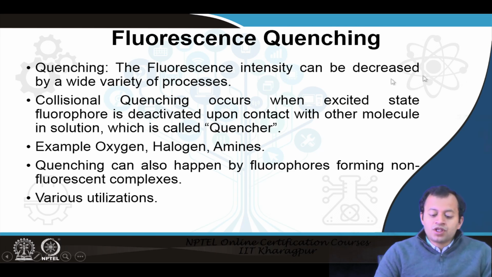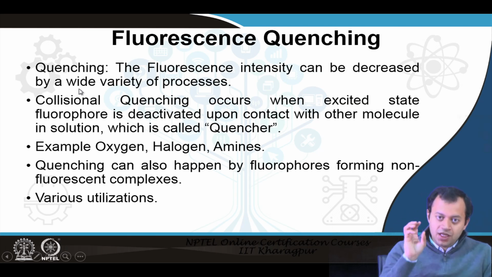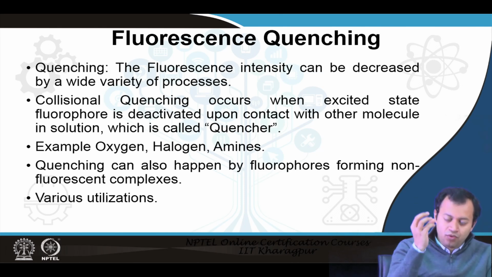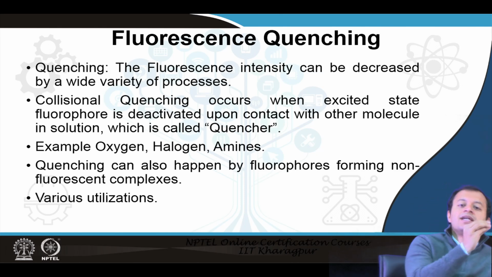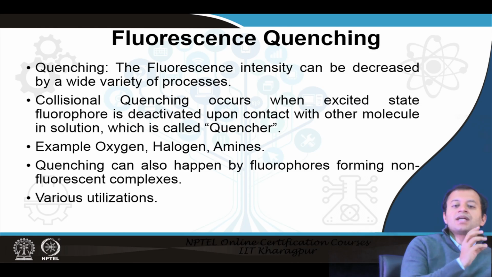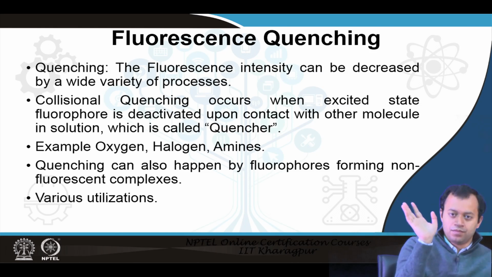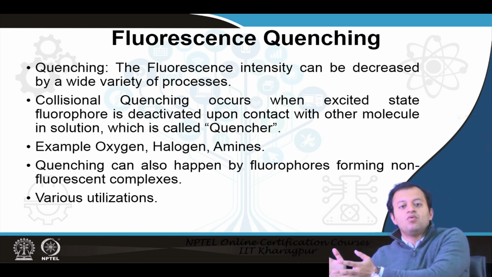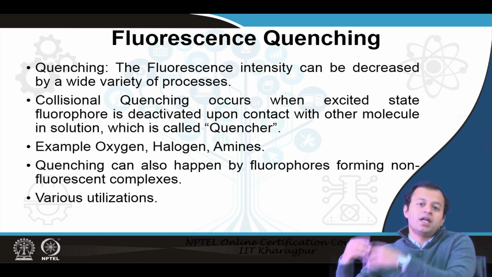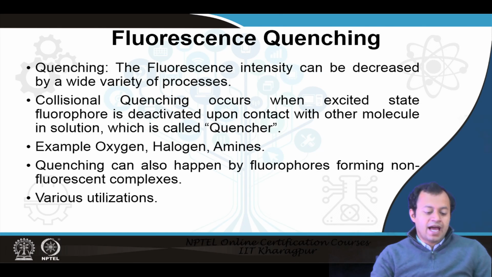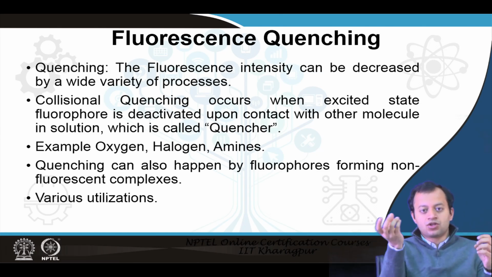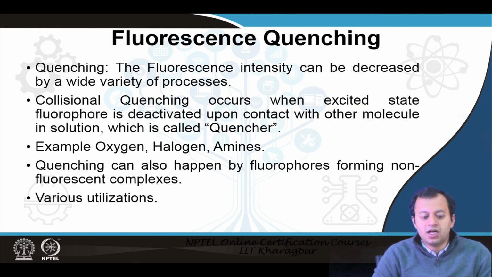The fluorescence intensity can be decreased when the fluorophore, the molecule which is emitting this light, is interacting with another molecule which is not a fluorophore. A fluorophore molecule in a solution is interacting with a separate molecule which can be organic or inorganic, and they can collide, and simply the collision will let the electron fall without any kind of energy emission.